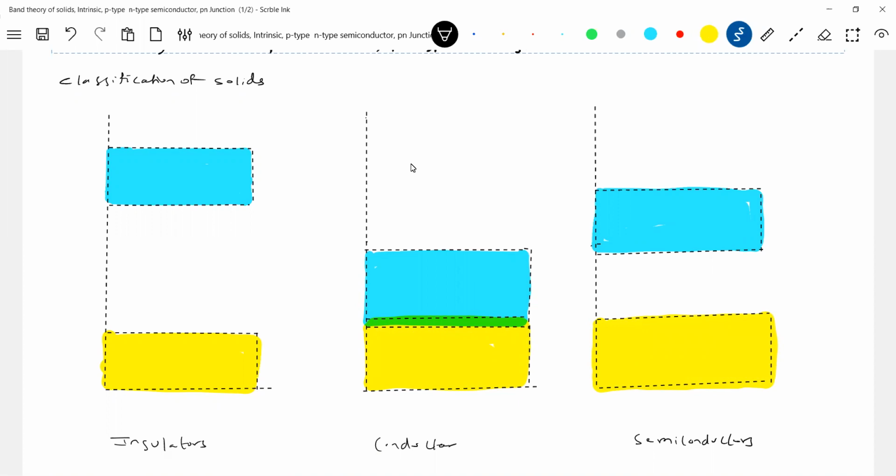Okay, this is called as conduction band. This will be conduction band.